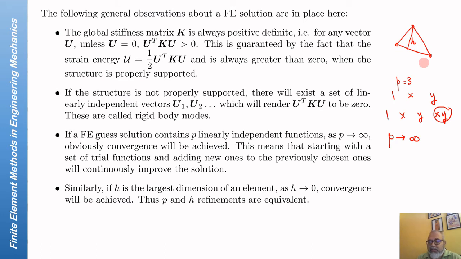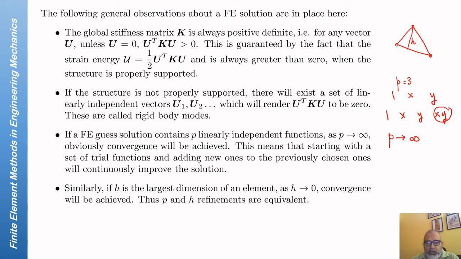That means your elements almost shrink to a point, and you have so many elements that you are actually solving the problem point by point. Then you obviously also achieve convergence, and this is known as H convergence or H refinement, which is carried out by reducing the size of the smallest elements in your mesh.